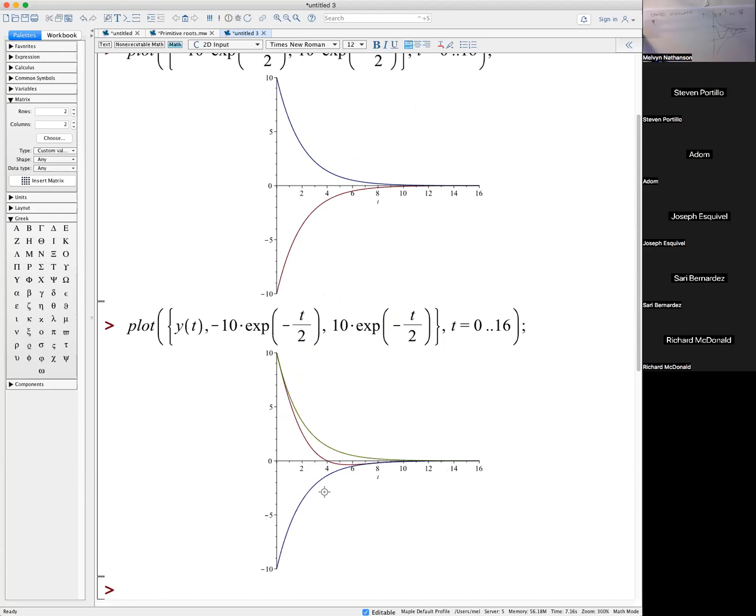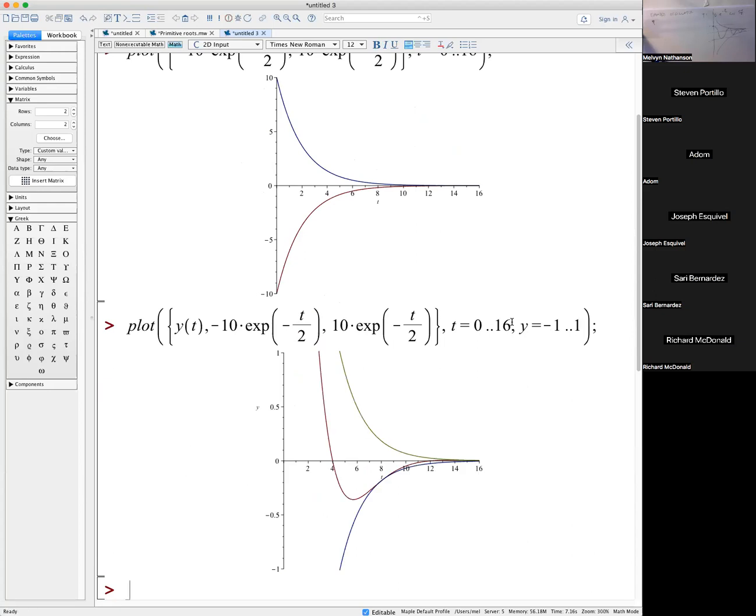So the green and the blue are the exponential curves, and the oscillation is inside. So maybe just so we can focus on them a little better, suppose I let just y go from -1 to 1. There we are. So here is this curve.